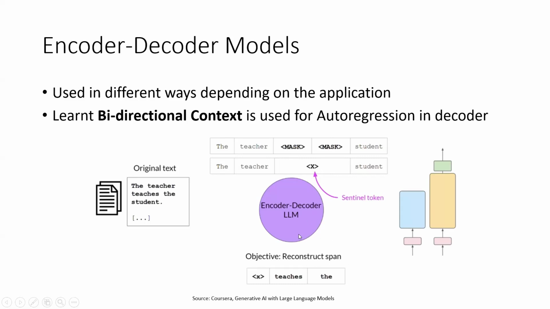The idea of this encoder-decoder model is to reconstruct the sentinel tokens with the missing tokens, which are "teachers" and "teaches the student". The missing text has to be generated, followed by each sentinel token. That is the idea of using the T5 model.